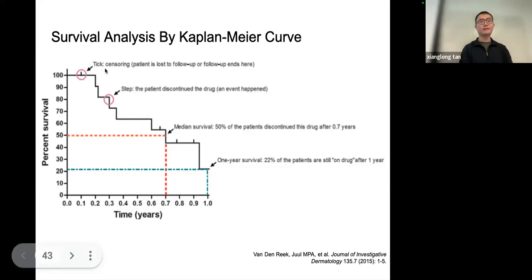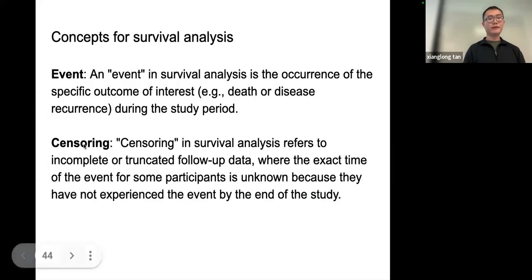That means the sample is censored, which means that this patient's data is not collected after this time point. Another is the step. The step usually means the patient has experienced an event. So those two concepts: event and censored.